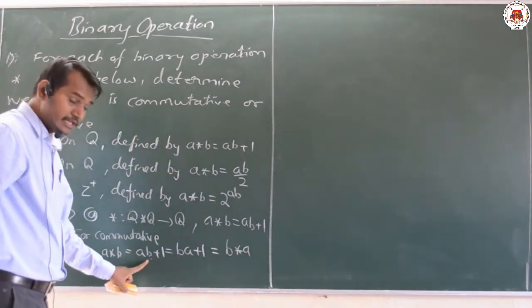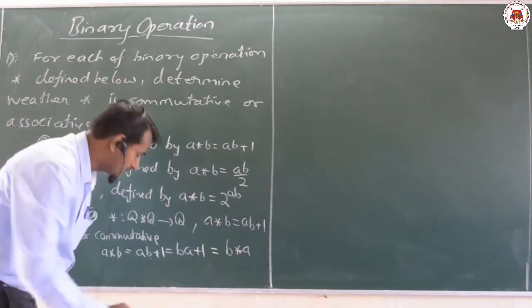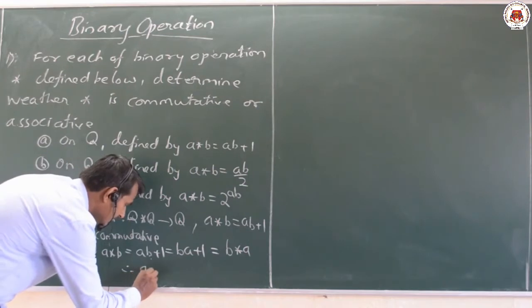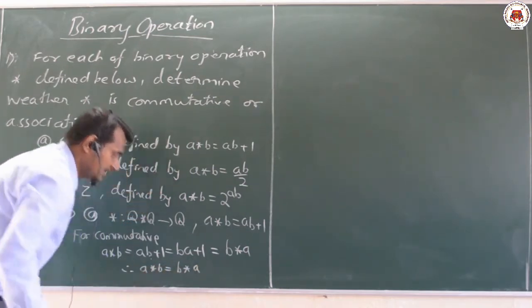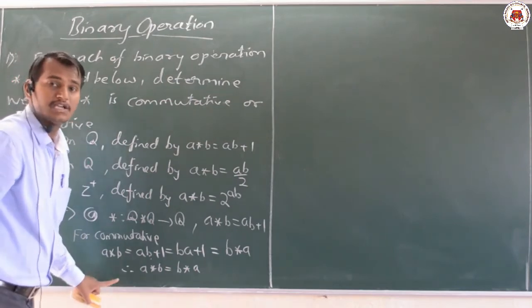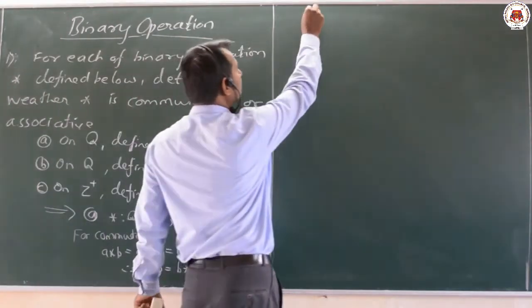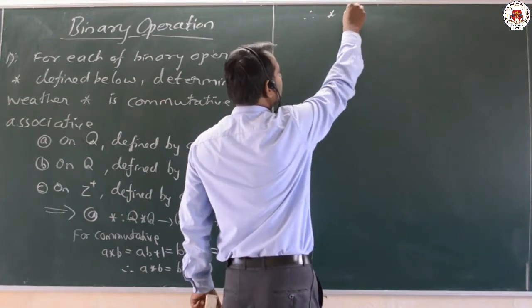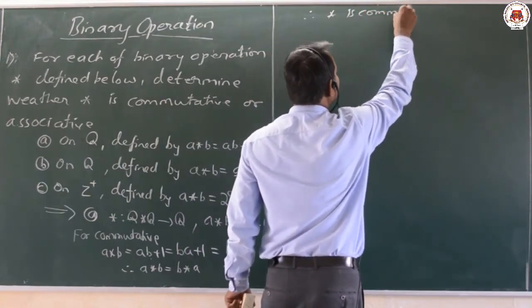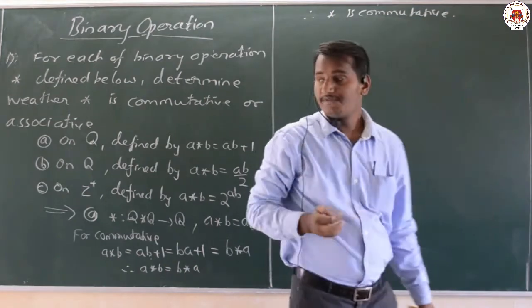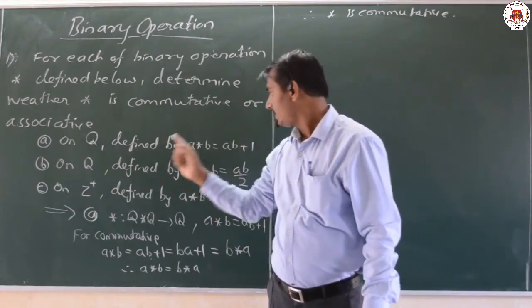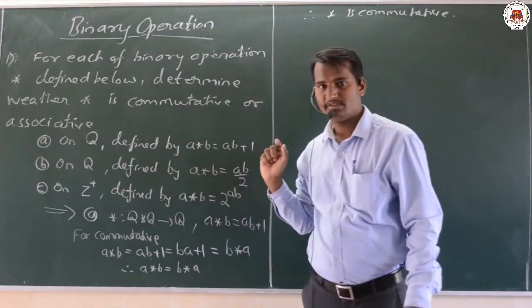Therefore, a star b is equal to b star a, so it satisfies the commutative law. Therefore, star is commutative, defined on Q by a star b equal to ab plus 1.